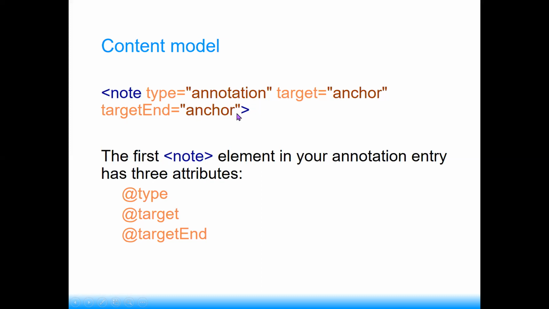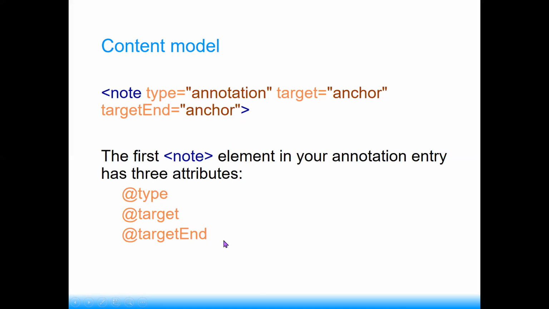Essentially we're doing the string matching ourselves. We're not expecting the processor to match up bits of text. We're saying, I want to make an annotation from this point to this point. The computer doesn't have to think very hard.